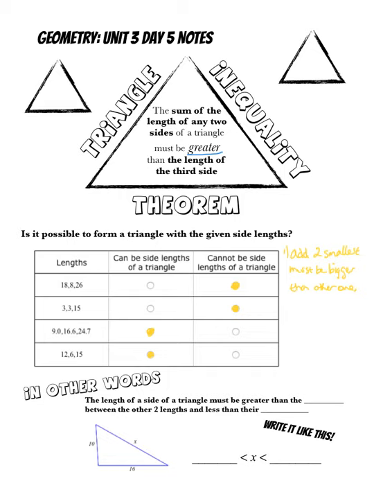Alrighty, now we make it all fancy for you. In other words, it's down here. The length of a side of the triangle must be greater than the difference and less than the sum. What? Let's show you. We know that for this to be a triangle, x has to be greater than 10 plus 16.